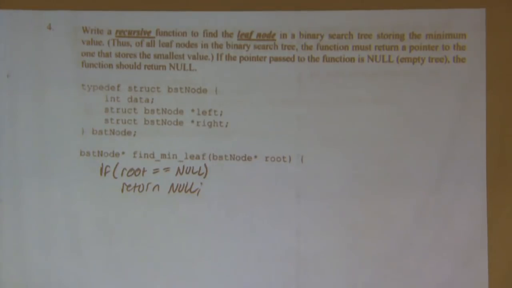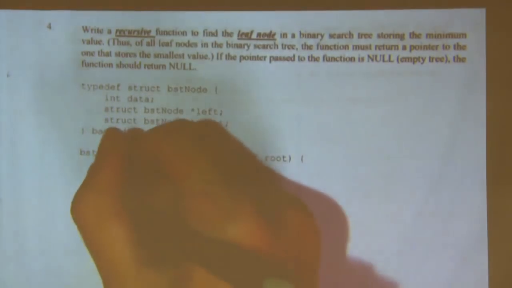If left and right are null, return the pointer to the node. Okay, yeah, so he said if both the root left and the root right are null, then we just want to return the root, right? So if both the root left and root right are null, then that means we're at a leaf node, right? And so yeah, I think that's a pretty good one.